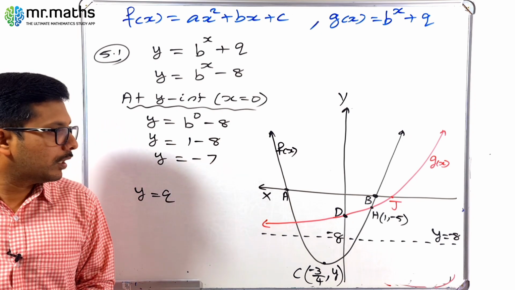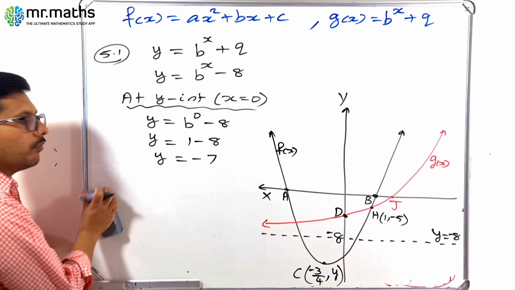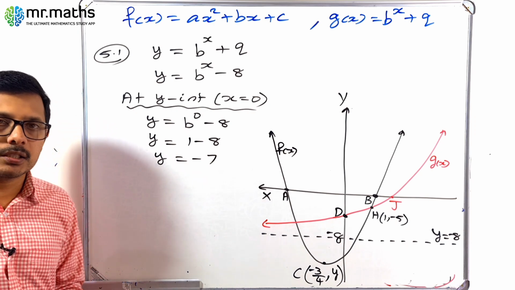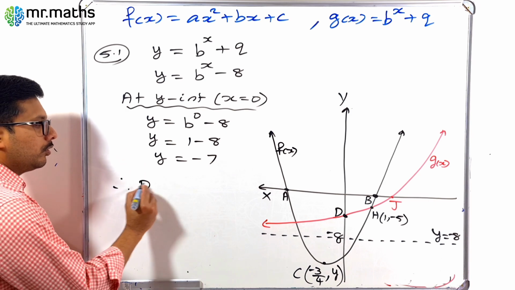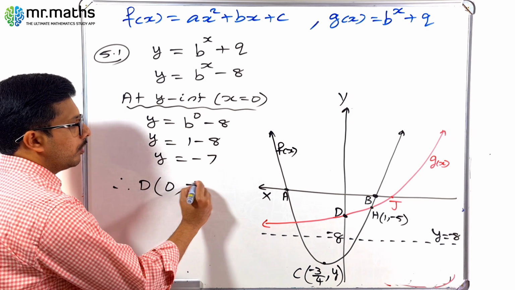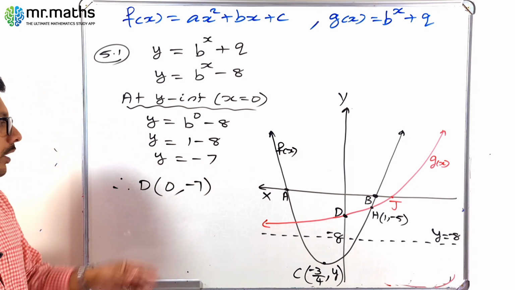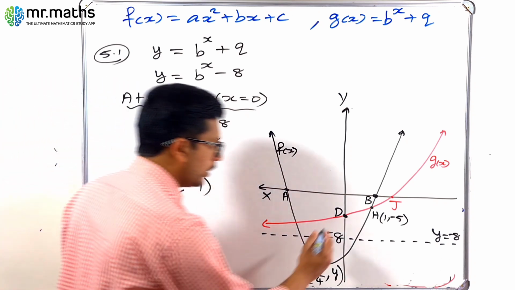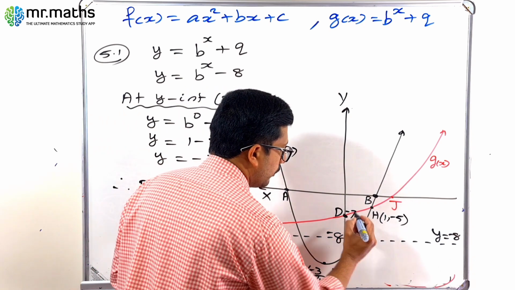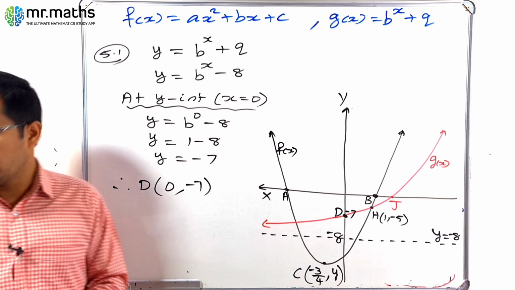So what is the coordinate of D? D is the y-intercept, don't forget that. Therefore, coordinate of D: x is 0, and here we got the value of y as minus 7. So it is 0 comma minus 7. Okay, so that is question number 5.1.